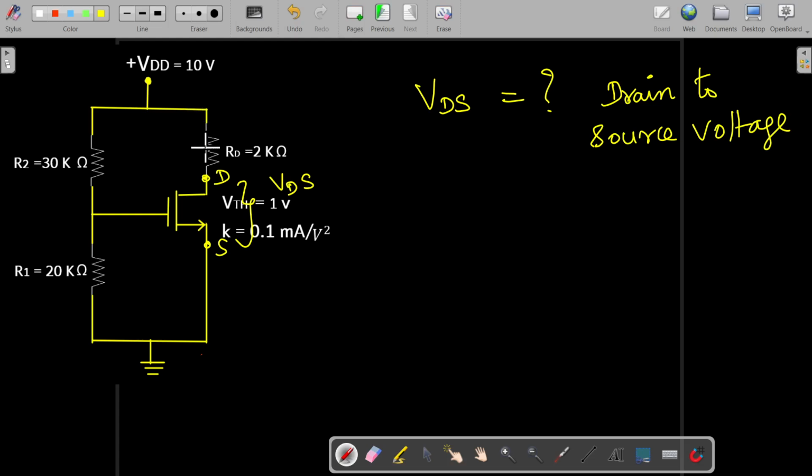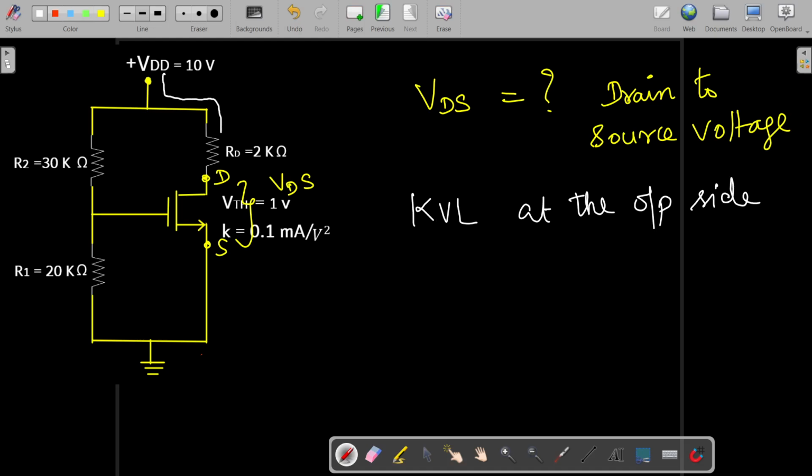For that, we need to write the KVL, Kirchhoff's voltage law, at the output side. It starts from here, the ID current flows through it, and it ends here. ID is the drain current, and this ID current and the source current will be the same. That you should know.